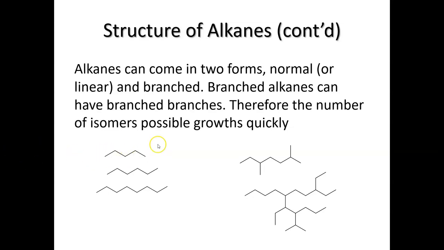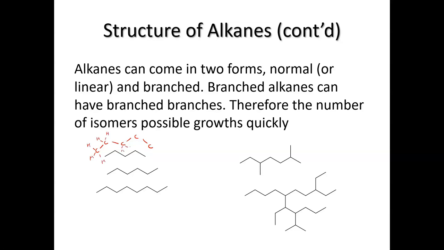And just so you're aware, when we do this shorthand for writing out compounds, every end and every corner represents a carbon. So in this example, if we're looking at the compound on the top, this actually means carbon, carbon, carbon, carbon, carbon, and it has the necessary hydrogens attached to give that compound an octet.